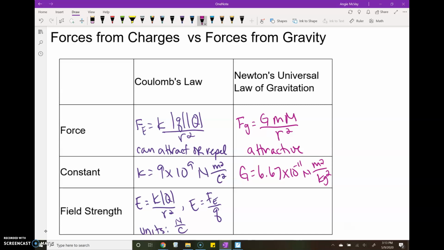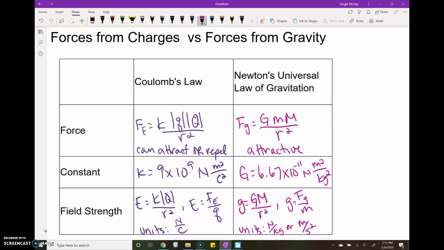Field strength for gravity, little g, is big G, big M over r squared, or the force due to gravity over mass, and it is in units of newtons per kilogram or meters per second squared.